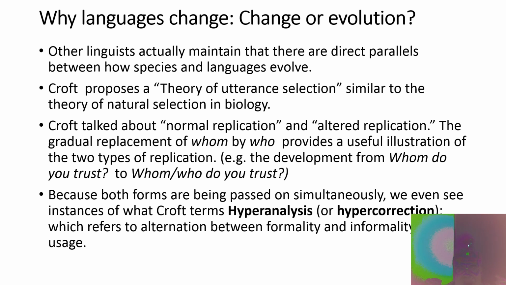This is called hyperanalysis or hypercorrection. The example of who and whom is an example of hyperanalysis or hypercorrection. So when we say, who did you invite? This is informal. And whom did you invite? This is formal. And this means this is some sort of alternation. And we refer to this, as I told you, hyperanalysis or hypercorrection.